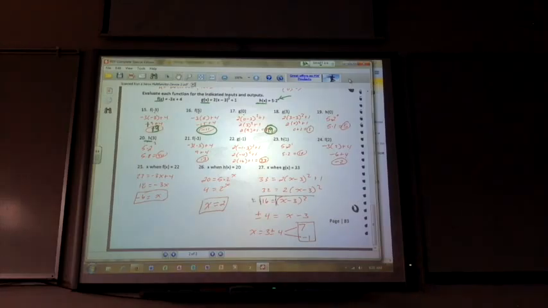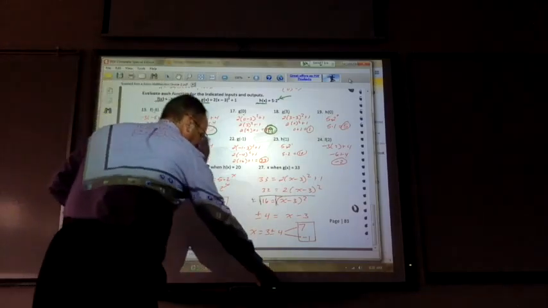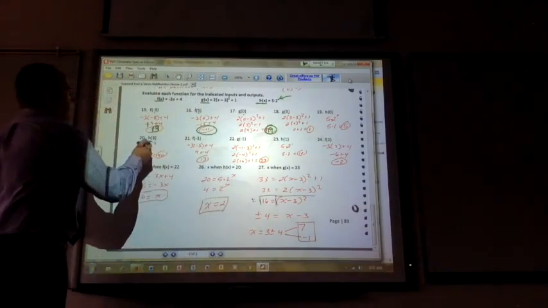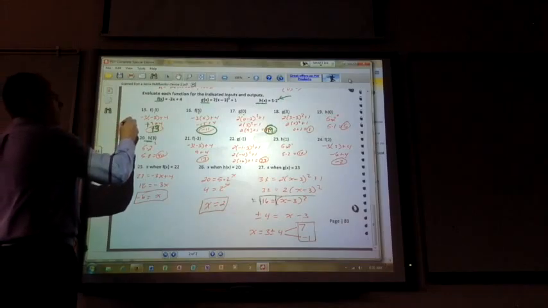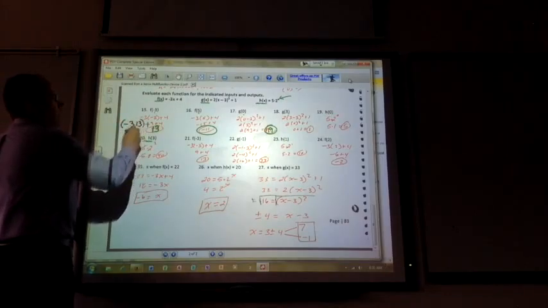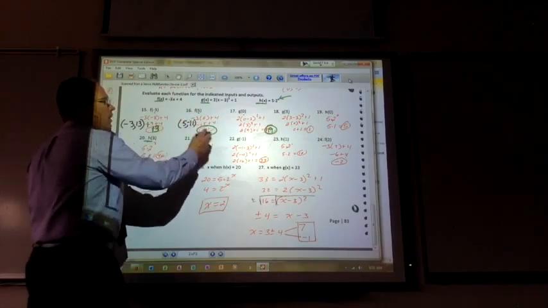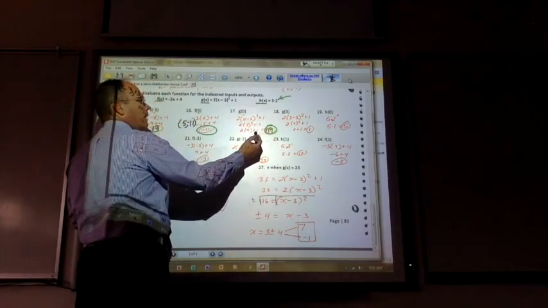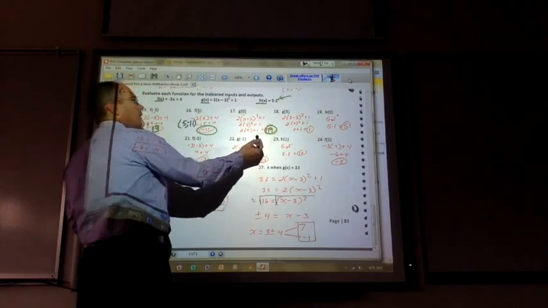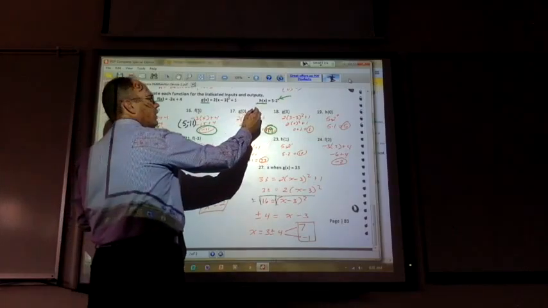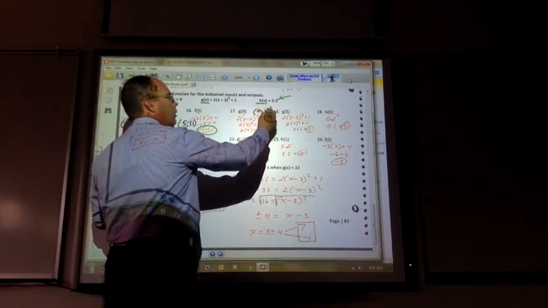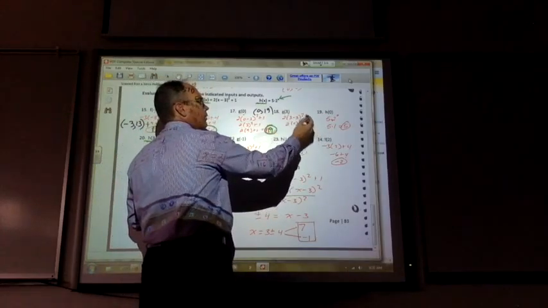All right, so let's take one leap that wasn't on here. This yields me the point negative 3, 13. This yields me the point 5, comma, negative 11. What does this yield me? What point? 0, comma, 19. What does this yield me? 3, comma, 1.